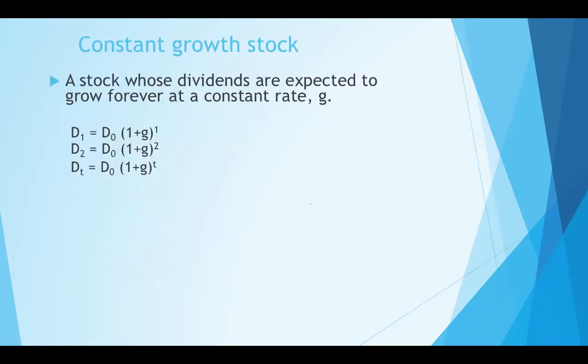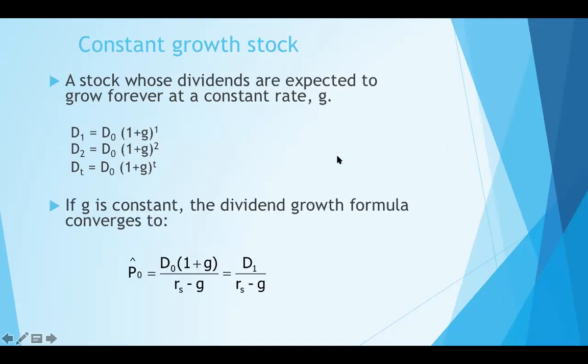So with constant growth rate G, we end up with this formula. I will send you the additional reading on how to reach this formula. If I had a chance to explain on a board, I would try to do it myself, but in this case, unfortunately, I cannot. So that's why I'm sending the additional reading.